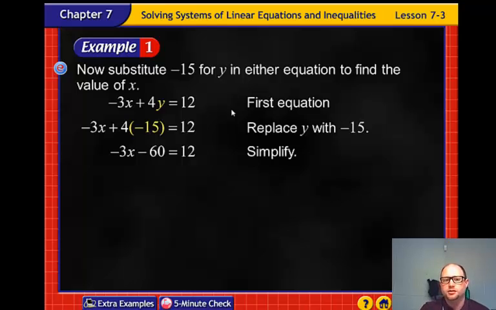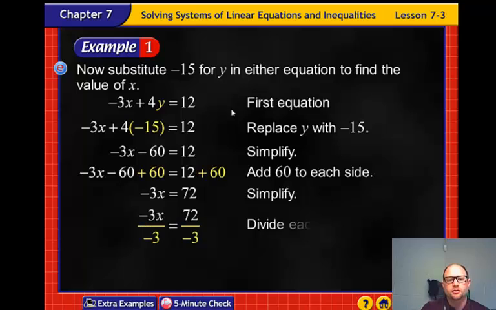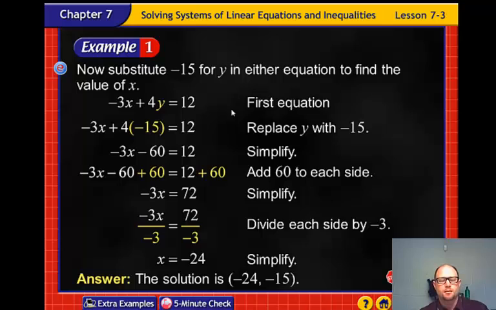Do the inverse operation of adding 60 to the other side. Negative 3x then equals 72, and the inverse operation again would be dividing by negative 3, and we get x equals negative 24. Alright, so any questions on that? Your solution set here would be an ordered pair, which is a point on the graph, negative 24, negative 15.